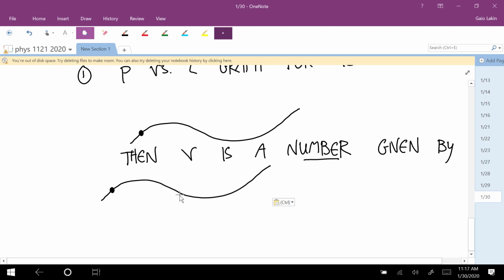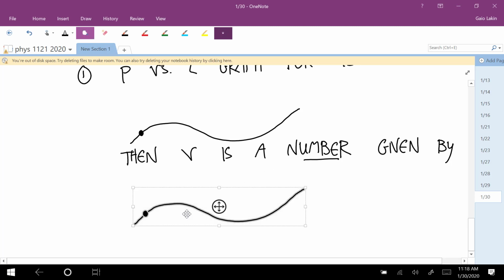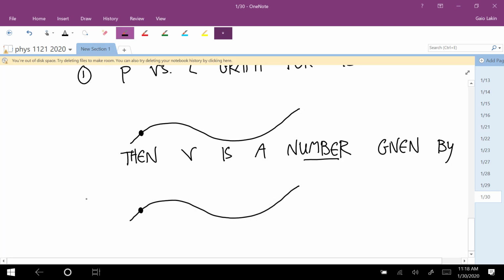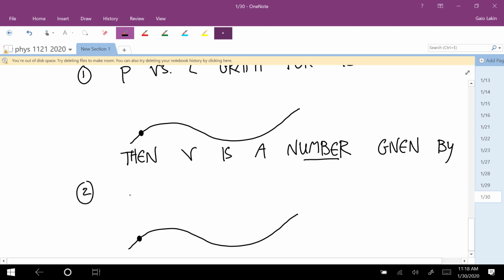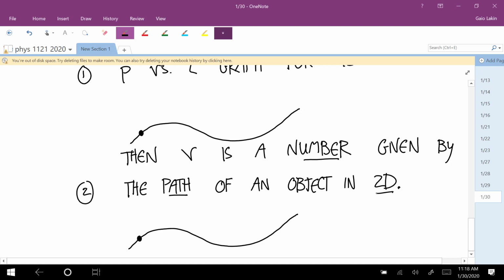Okay, so the second one is the path of an object in 2D.